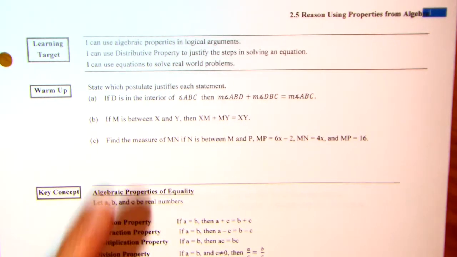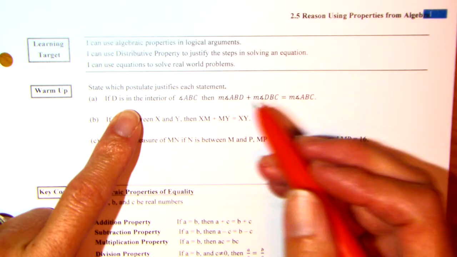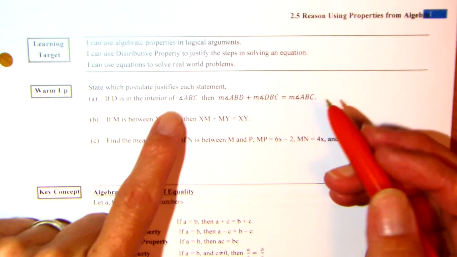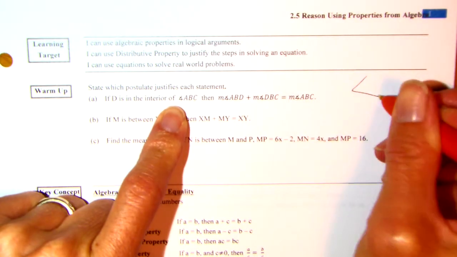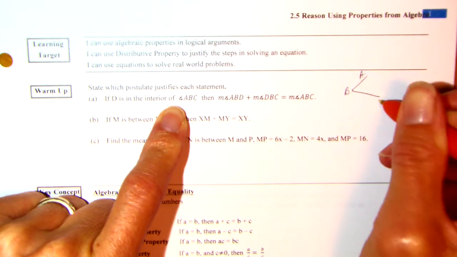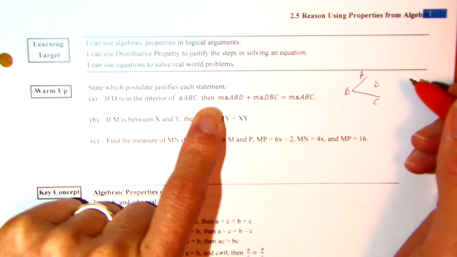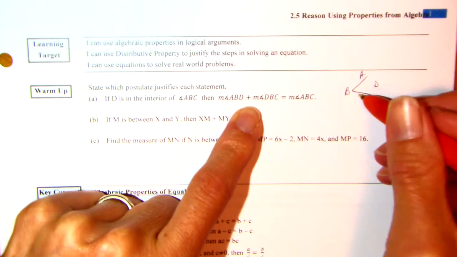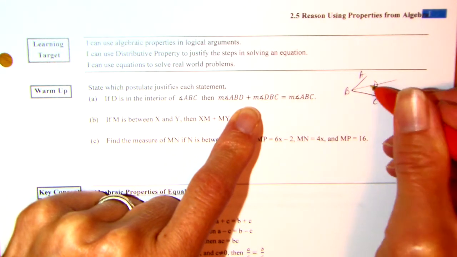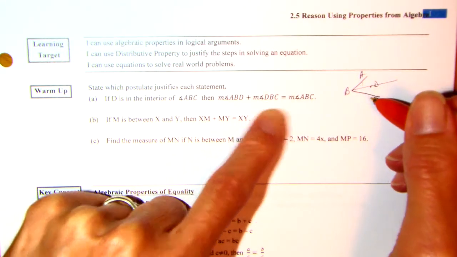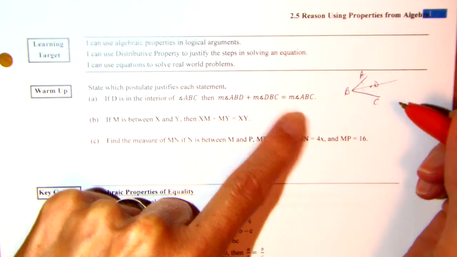So here we go. State which postulate justifies each statement. If D is in the interior of angle ABC, then the measure of ABD, this measure plus this measure is going to equal the whole thing.